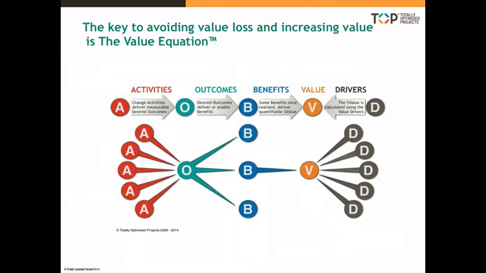So the value equation defines the business outcomes, O, that need to be delivered. These are the business end states that then deliver the benefits and the financial value. And the financial value is determined by the up-to-date value of the value drivers, bases and assumptions used in their calculation.